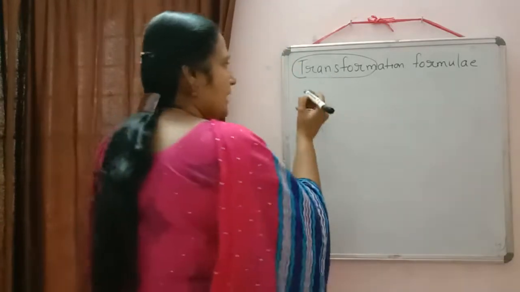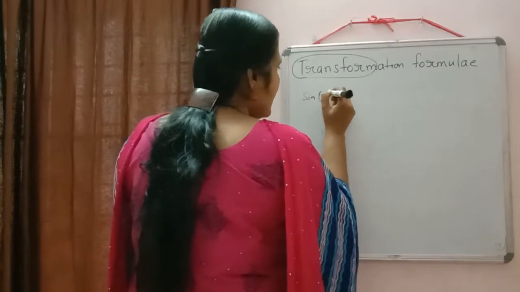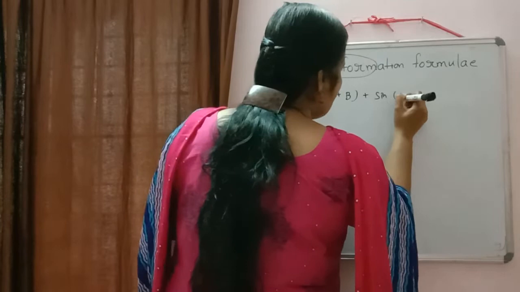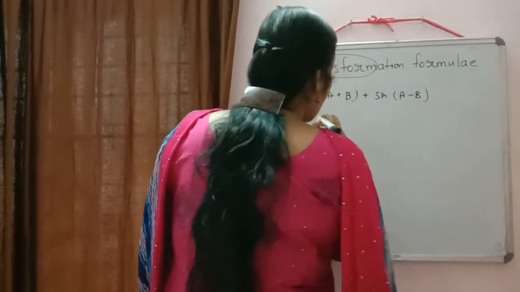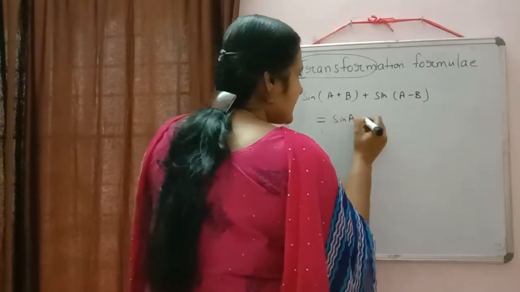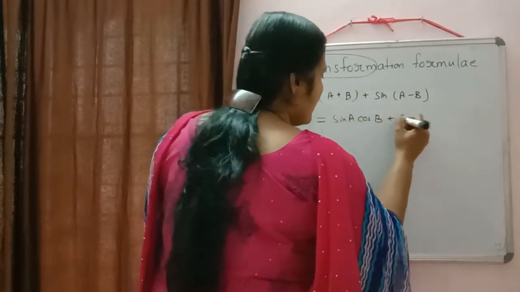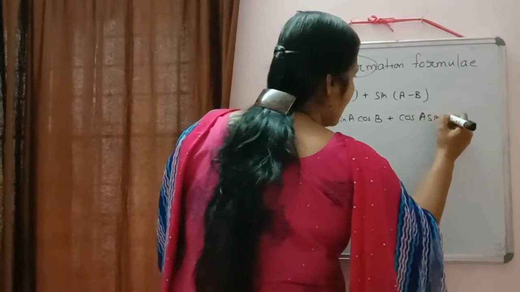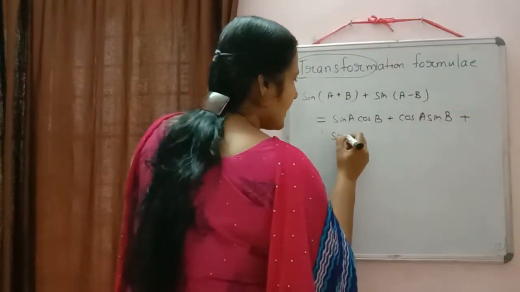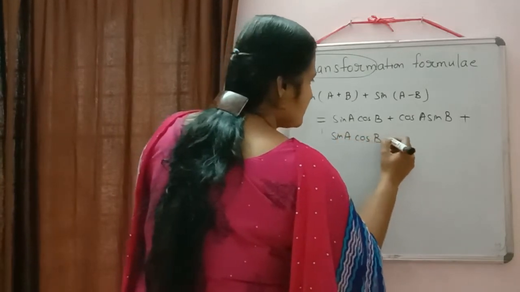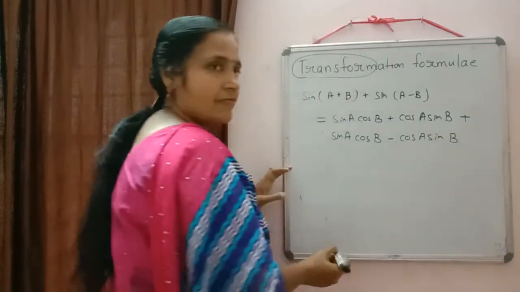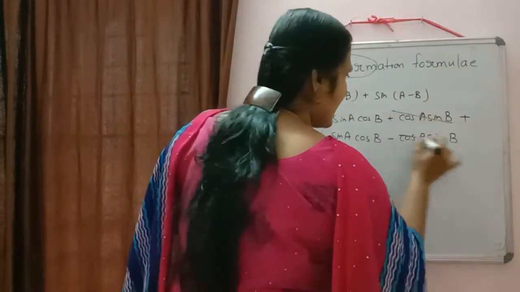The first one we did is sin(A+B) plus sin(A-B). We applied the formula here. Sin(A+B) is equal to sin A cos B plus cos A sin B. In the same way, sin(A-B) is sin A cos B minus cos A sin B. When we add, these two get cancelled.